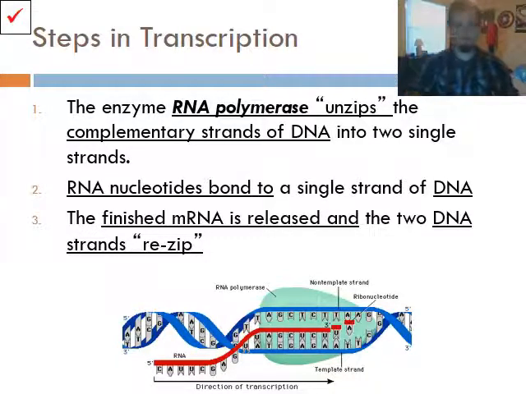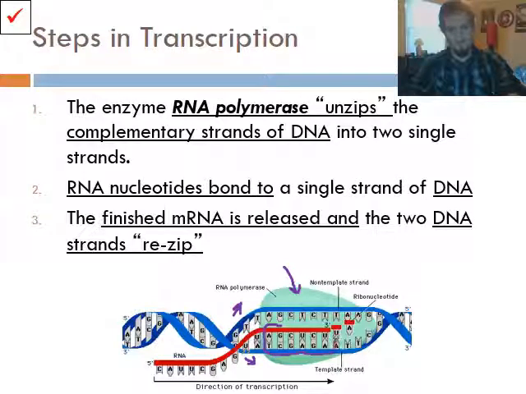So if you bring your attention down to the bottom here, you'll see how this all works. We have our RNA polymerase that's going through and unzipping our DNA molecule. Once we have the 2 strands unzipped, as you can see right here, we have matching bases being paired up. So we're getting a copy of one of the strands, except this time, instead of using thymine, we have uracil.